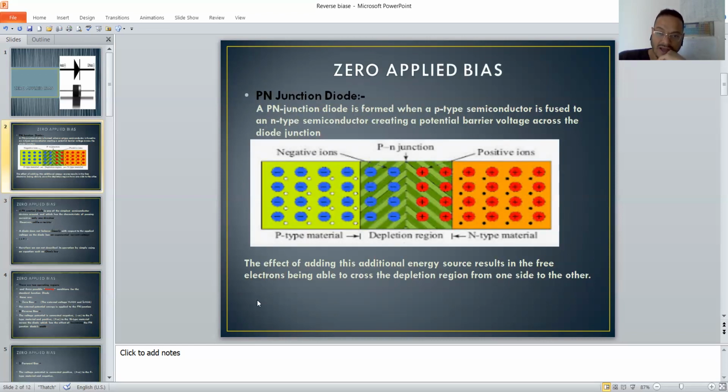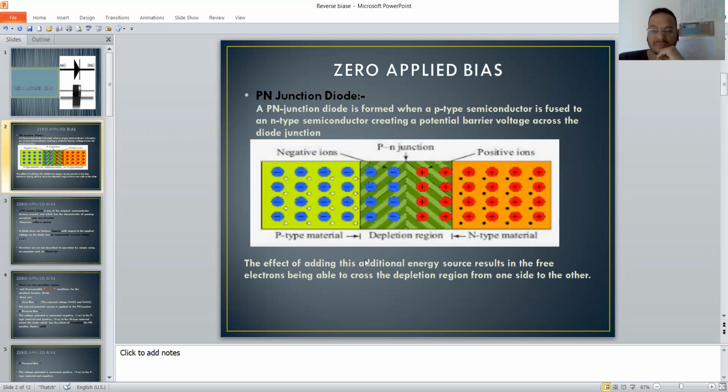Here, the effect of adding this additional energy source results in a free electron being able to cross the depletion region from one side to another. Like we know, the electric field goes from the n-type to the p-type. Why?